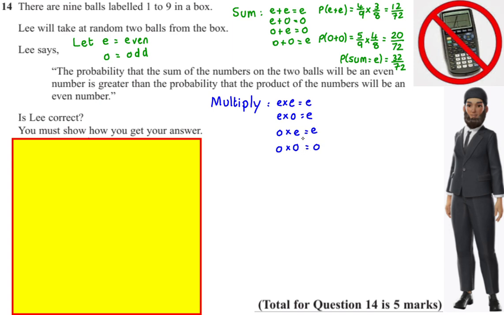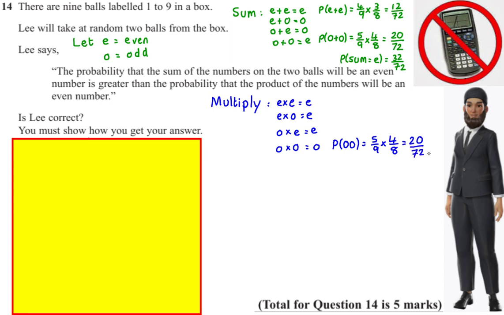So what we could do is focus on the odds. How many odds are there first time round? The probability of an odd multiplied by an odd will give you 5 over 9 multiplied by, you picked 1 of the 5, so it would be 4 over 8, which would work out to be 20 over 72.